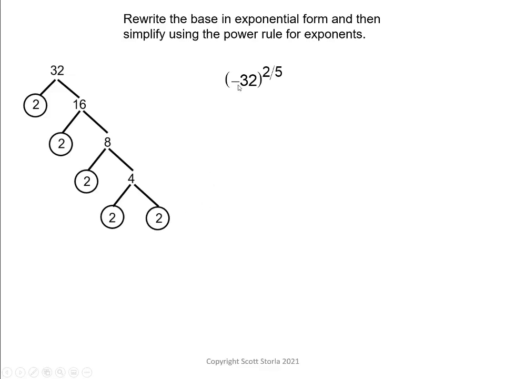And I'll need to get a negative when I multiply those 5 factors together, so my base should be negative 2. Now I can use the power rule. This will give me an exponent of 10 over 5, which is 2. And the quantity, negative 2 squared, is 4.